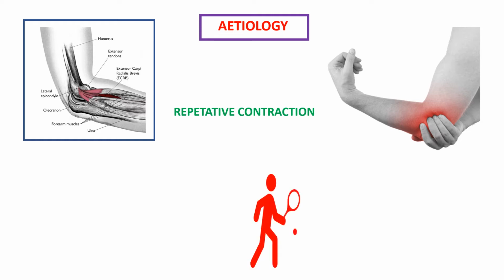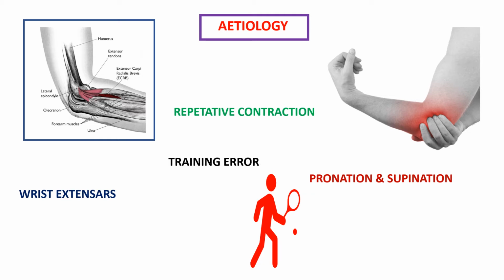This injury is often work related. Any activity involving wrist extension, pronation and supination is considered an important causal factor. Overuse, repetitive movement, training error, misalignment, flexibility problems, muscle imbalance, and aging are also factors.